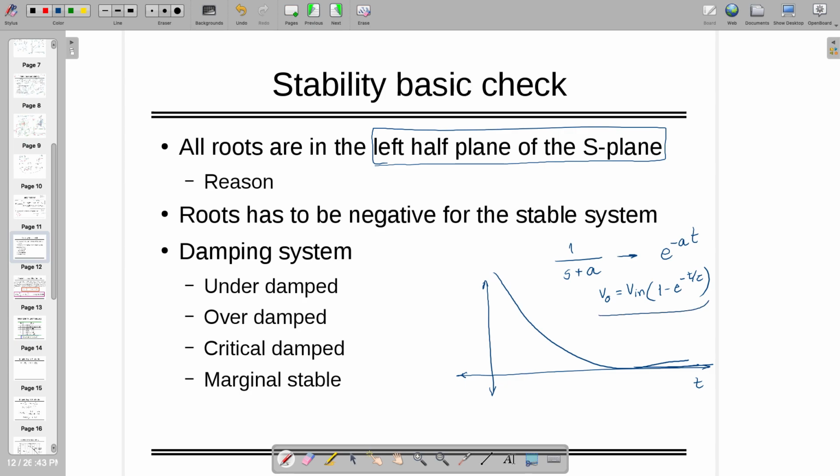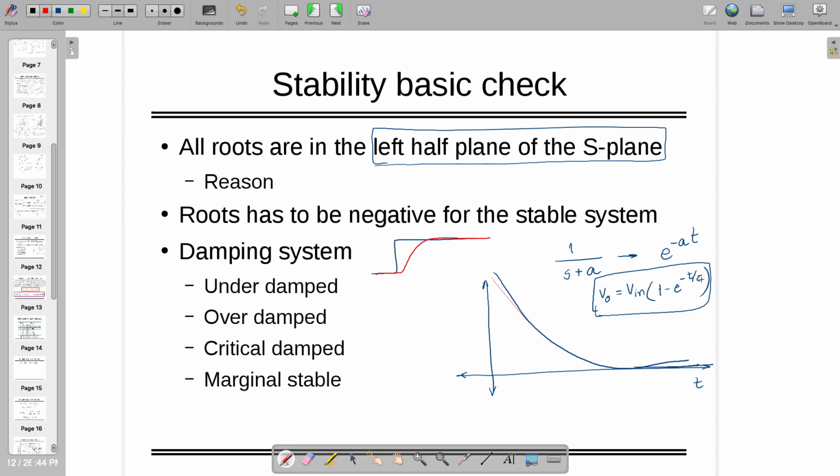You must have studied this in IC 160 for sure. In this case, when you subtract from V in the term e raised to minus t by tau, you are going to see this result. There is no ringing because it's going towards zero.